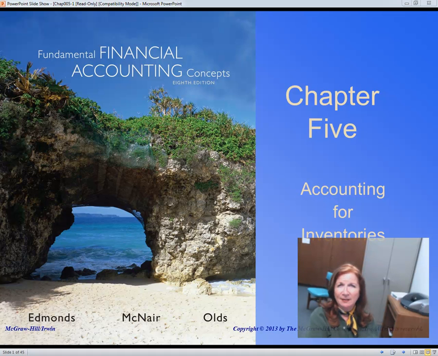So I could get the goods available, beginning inventory plus purchases, from my accounting records. I could get sales from my accounting records. And so I could use sales times my gross margin percentage to tell me how much my gross margin would be in dollars, and I could subtract those dollars from my sales, and the remaining dollars would be my cost of goods sold.